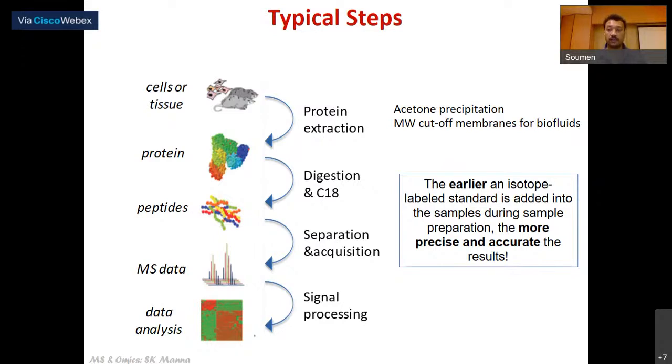However, the mass will be different, and thereby you can distinguish it, but every other effect that it faces will be similar to the analyte of your interest, and therefore you will be able to take care of a lot of artifacts. So the earlier you can introduce an isotope-labeled standard, the better for getting more precise and accurate data.